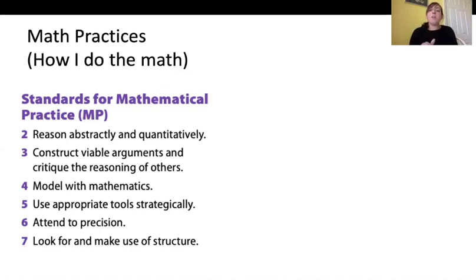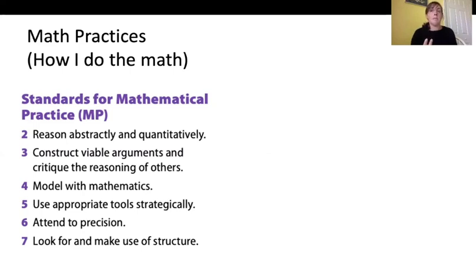Use appropriate tools strategically. So our appropriate tools here are those shapes. Are we able to take a quadrilateral and really show that it's a polygon, those sorts of things. Attend to precision, okay? When we attend to precision, that means we are exact. And it's very important in all of math, really, but in shapes to be exact, we need to know that, hey, a polygon is a closed figure.